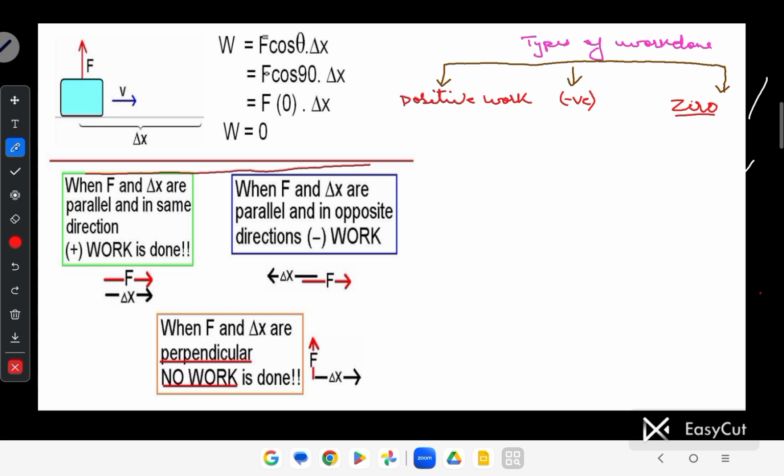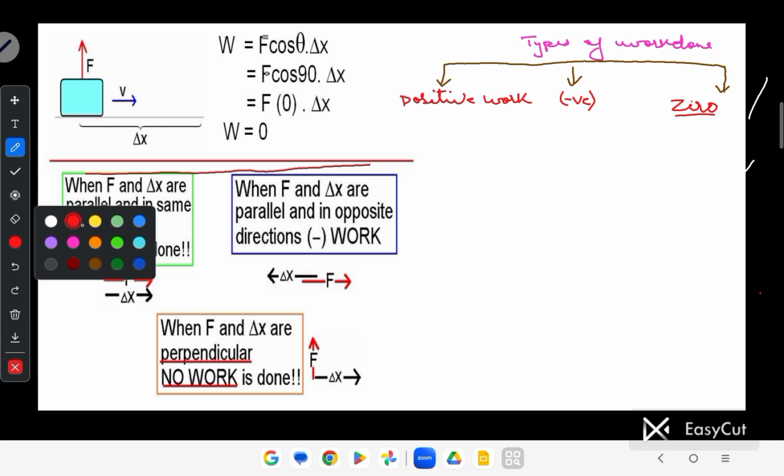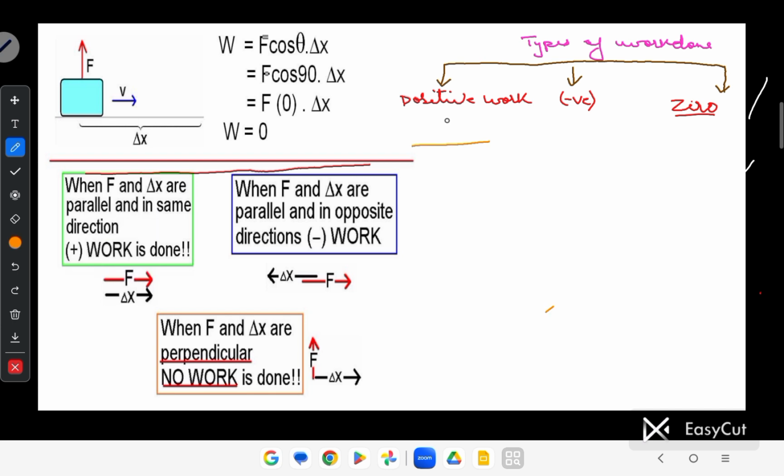Suppose here, if the angle is positive and an acute angle, it means it should be more than 0 degree but less than 90 degree.